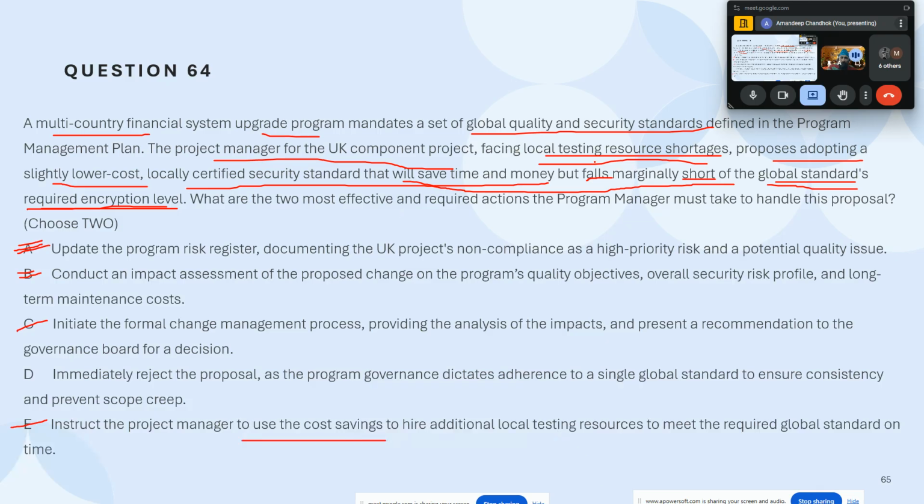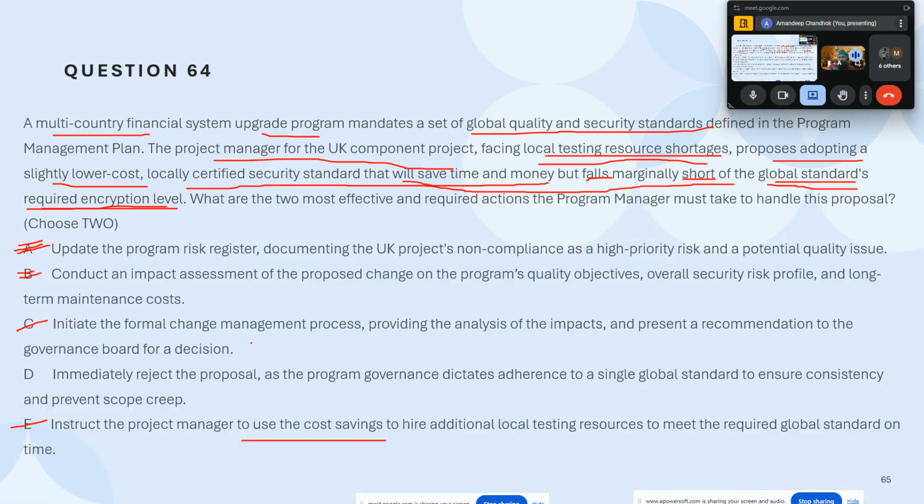What they are saying is there are local testing resource shortages. That is what is happening over here, and that's the proposal that he is saying, let me use lower cost. But what is happening is the standard that the local resources are going to use is going to fall short of the global standard required for encryption.